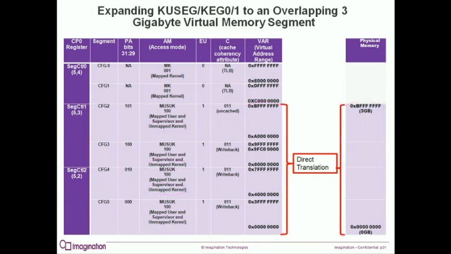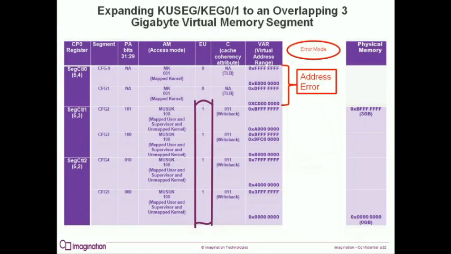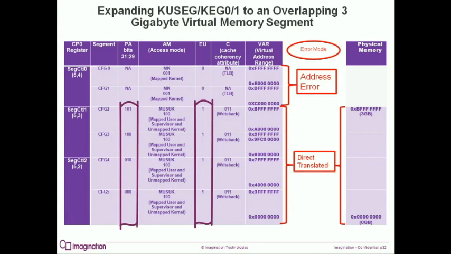It does this by using segments CFG2 through CFG5. The top 2 virtual memory segments, CFG0 and 1, are set up as mapped kernel mode only. In error mode, the lower 3 gigabytes of virtual address become directly translated and uncached.